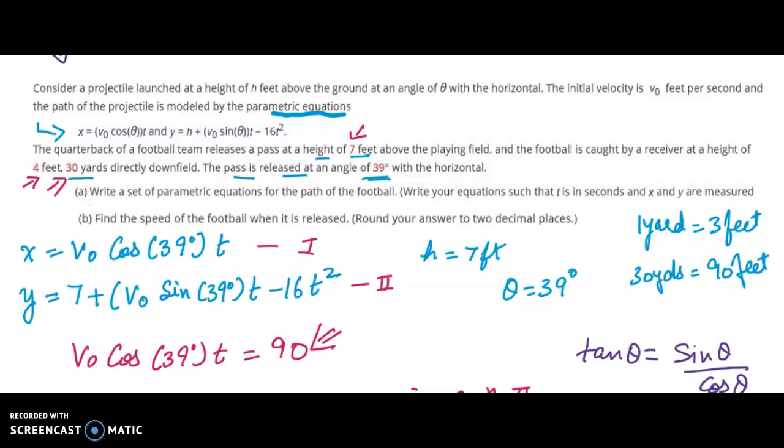Yes, 4 feet is the y value, so the y value is 4 feet and the x value is 90. Everything is given. Height is given as 7 feet, theta is given as 39 degrees, and they have given you the function. So if you can identify these key points, what is the height, what is x, what is y, what is the angle they are asking for, you just have to plug it into the given equation and solve for it.